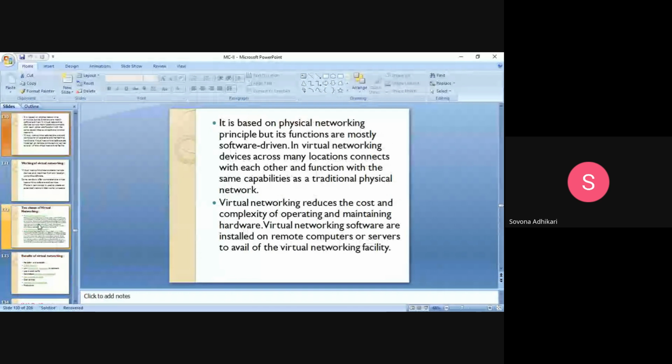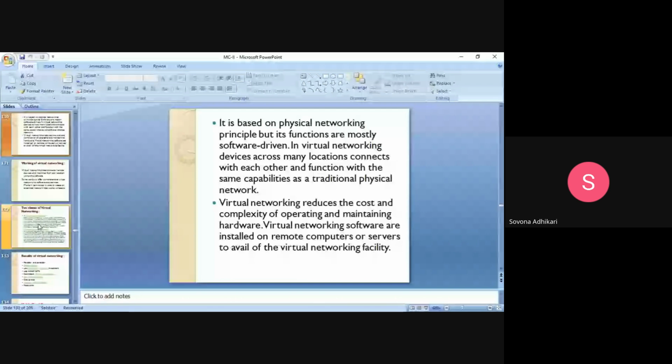It is based on physical networking principles, but its functions are mostly software driven. So there is some specific software in virtual networking, and devices across many locations connect with each other and function with the same capability as a traditional physical network. So there is no traditional physical network, but it works like that.